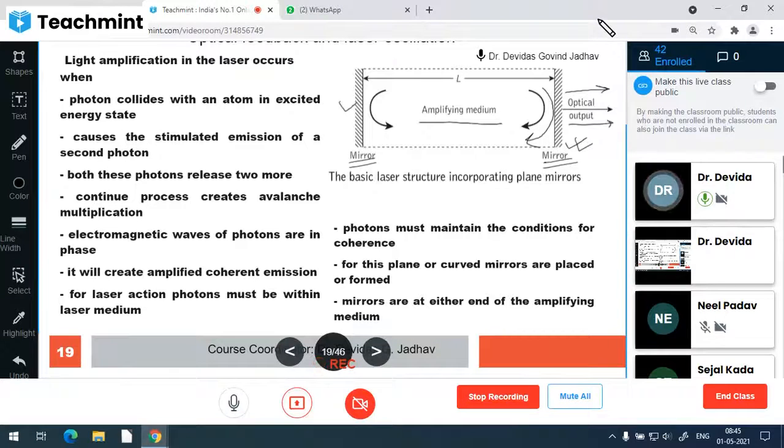These mirrors can be obtained by highly polishing the same crystal structure. This is the semiconductor crystal, and the other edges are roughly polished so that they will not lose the photons in that direction.